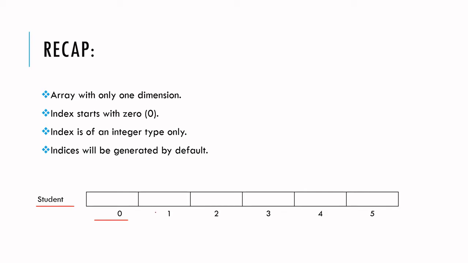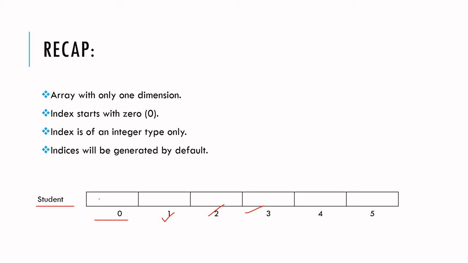So the first element gets stored in this cell and is accessible by means of index 0, and this cell is accessible by index 1, and then 2, 3, 4, 5 and so on.